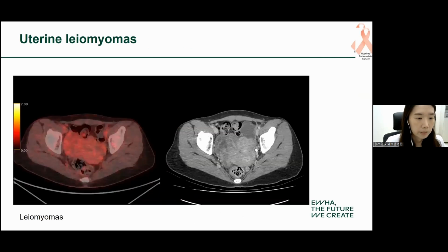In my experience, adenomyosis in the uterus shows similar patterns to uterine leiomyomas, usually mild uptake. Also, adenomyosis shows diffuse uptake in the uterus with increased uterine size.